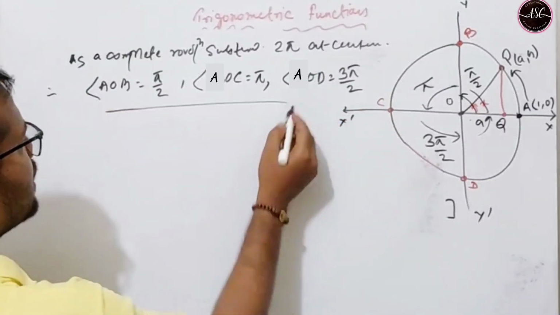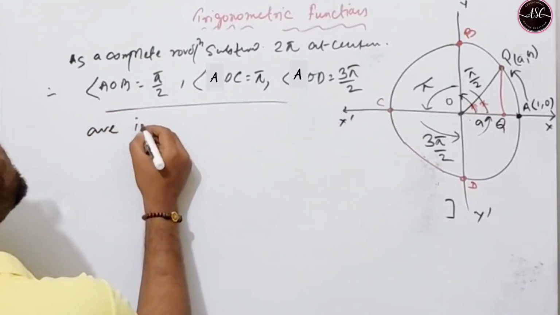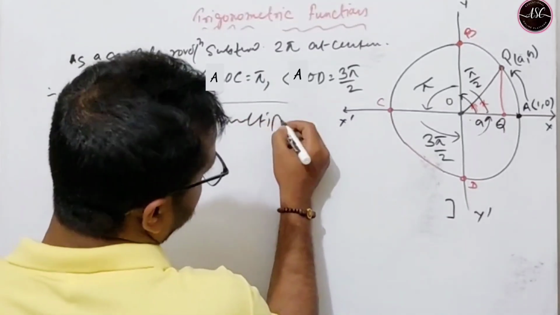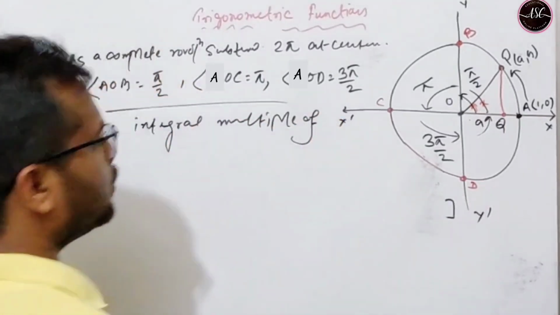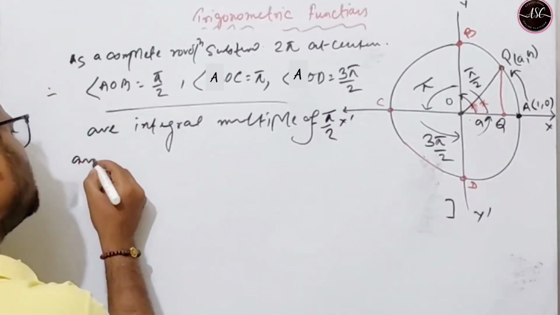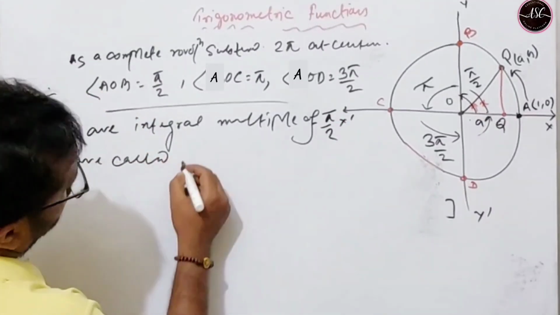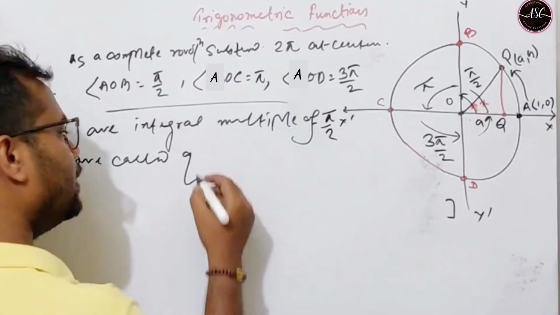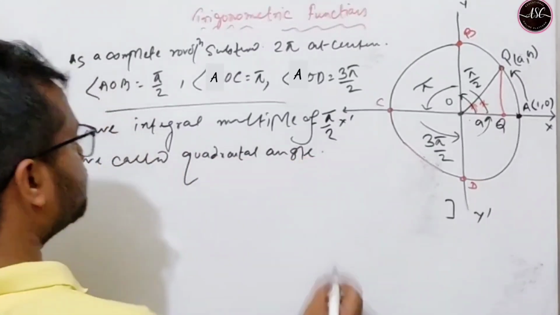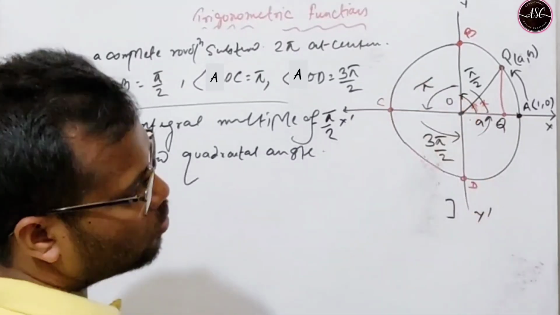So here all these angles that are integral multiples of pi by 2 are called quadrantal angles.